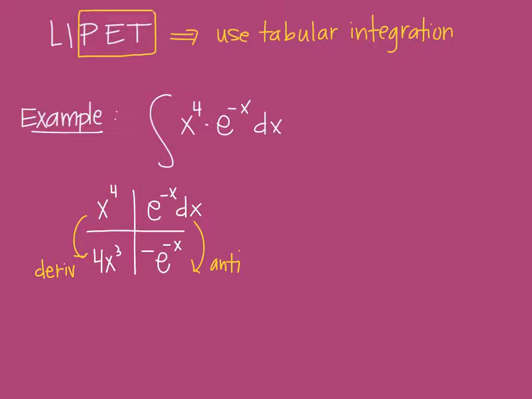Now, instead of moving then into integration by parts, what we're going to do is we're going to extend this a little bit longer. And we're going to repeat the process. We're going to do the derivative again. And so the derivative of 4x to the 3rd is 12x squared. And the antiderivative is positive e to the negative x.